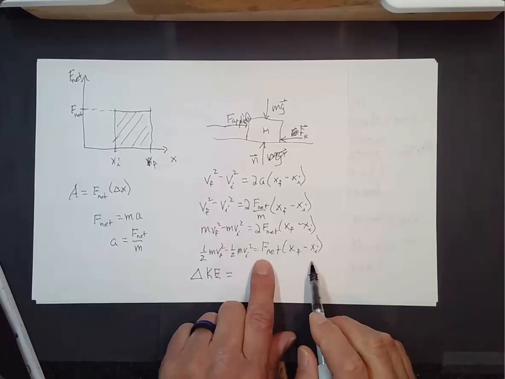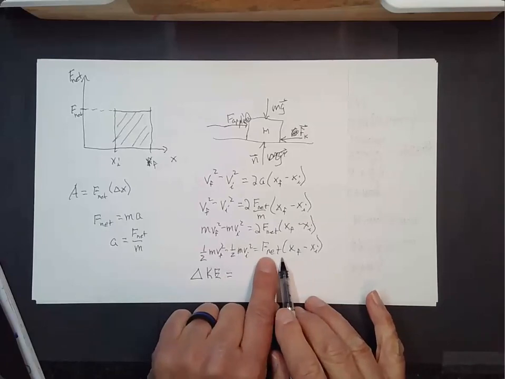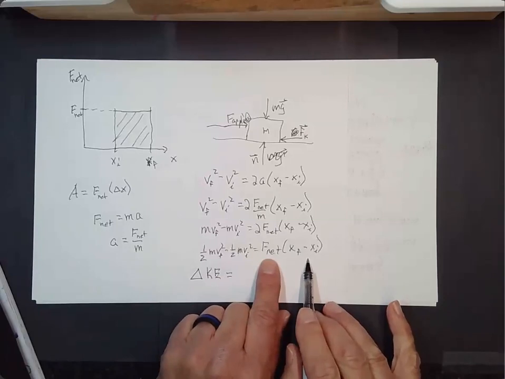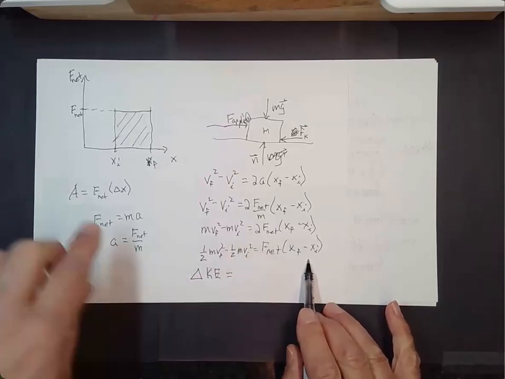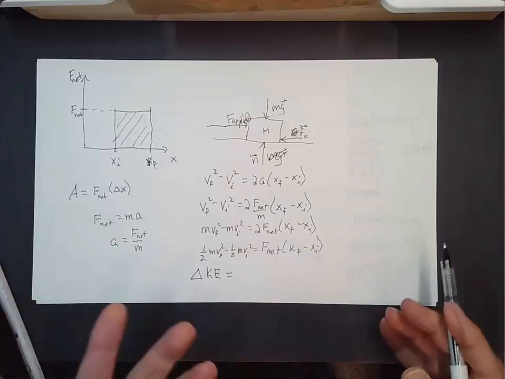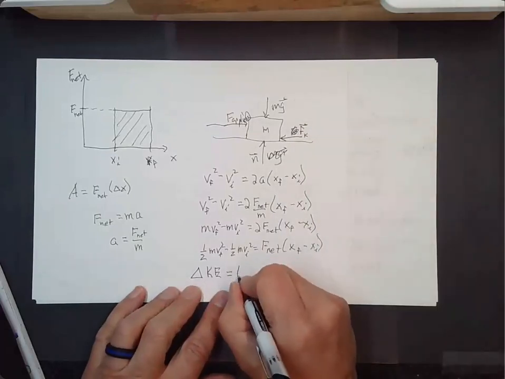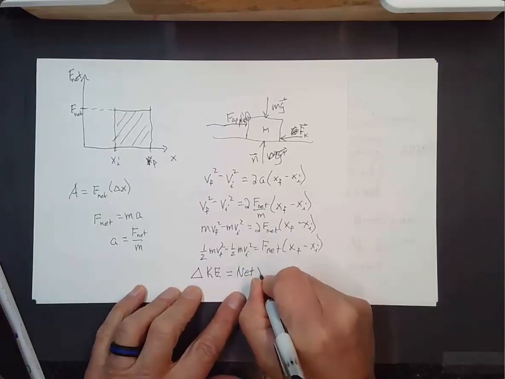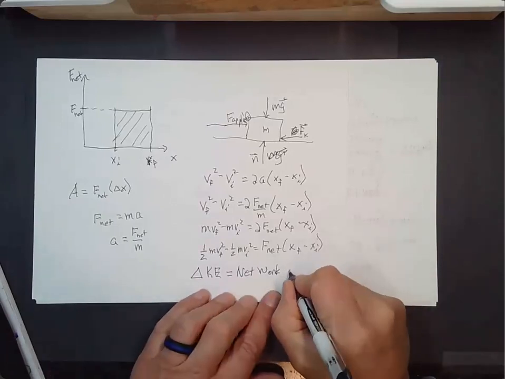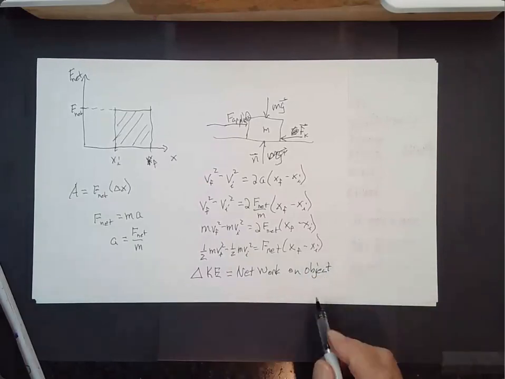Well, we're going to be doing stuff like this so much that we've come up with a definition for what things like this are. We call this the net work that is done on the object. It's the net force that's acting on it, and then we've got these other things that are doing work on it, but this is the net work, and it's two words, not network, done on the object.